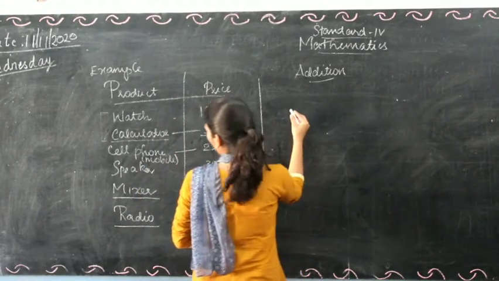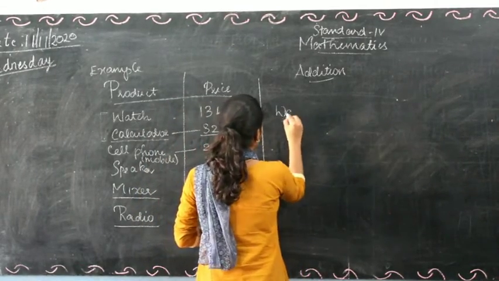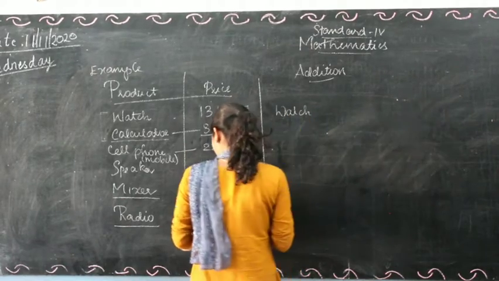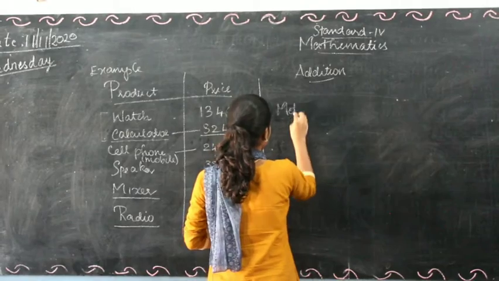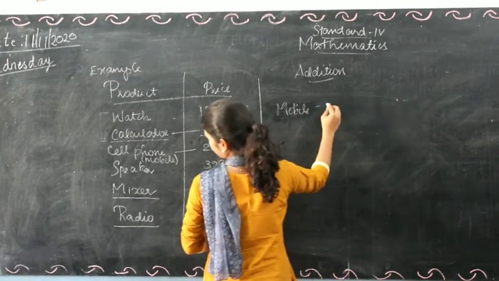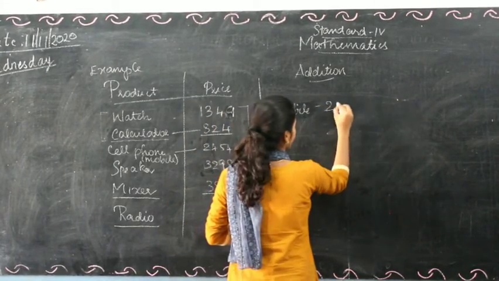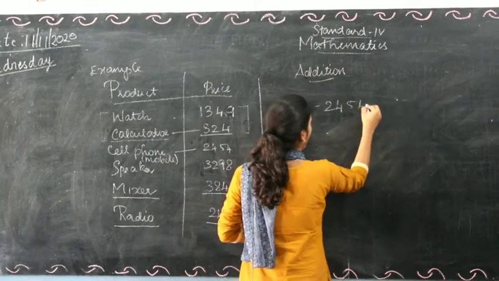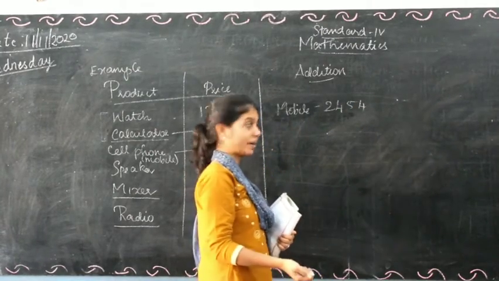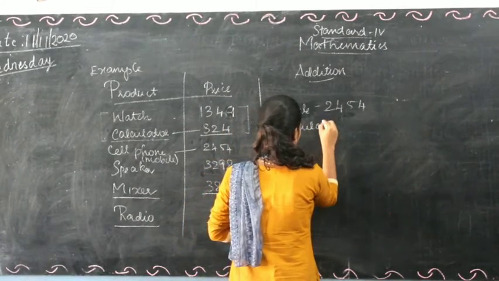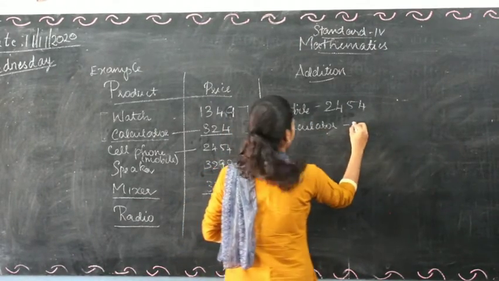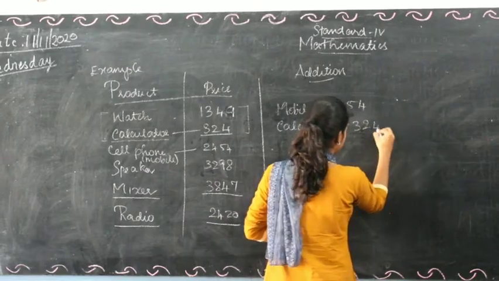Now what are the prices? Price of mobile is 2454, and the same person needs to buy calculator, which is 324 rupees.